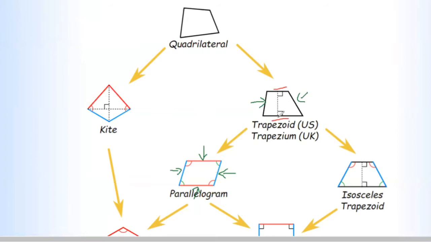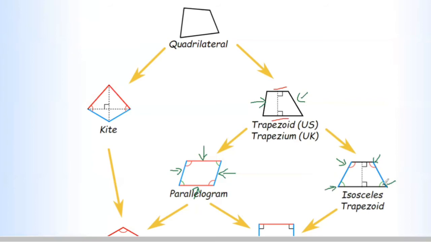Then in a trapezium itself, if we apply one other condition, we will get an isosceles trapezoid. The extra condition we apply to a trapezium to get an isosceles trapezoid is that the adjacent angles have to be the same. Here in this picture you can see a pair of angles marked in red and another pair of angles marked in green.